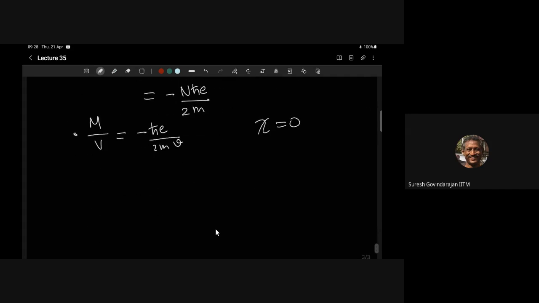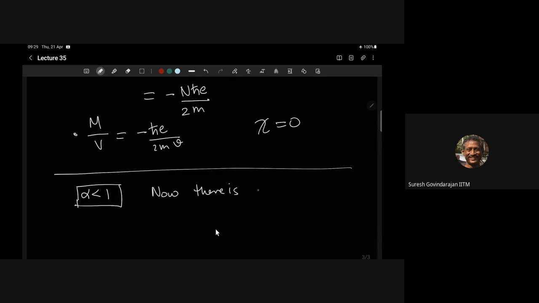Okay, what happens when alpha is less than 1? Now there is a quadratic piece in B in the expression for E naught.